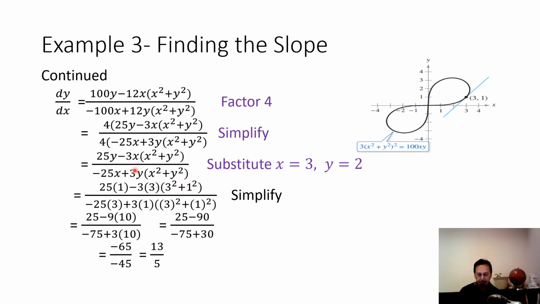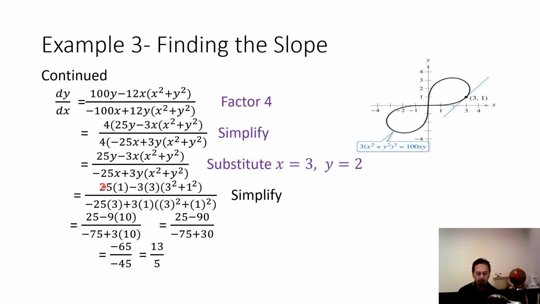So now we substitute, x is 3 at this point and y is 1. So this becomes 25 times 1 minus 3 times 3, times 3 squared plus 1 squared, over minus 25 times 3 plus 3 times 1, times 3 squared plus 1 squared.